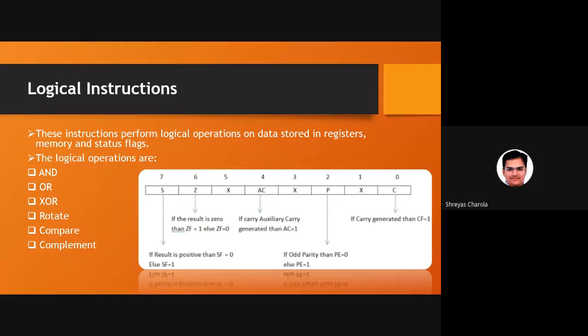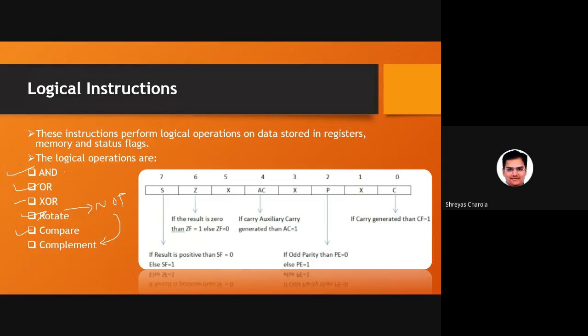Okay, so we'll start on logical operations. We'll discuss AND, OR, XOR. And there's also one we call NOT, which is nothing but a complement. Then the rotate and compare instructions. These are the logical operations we have.